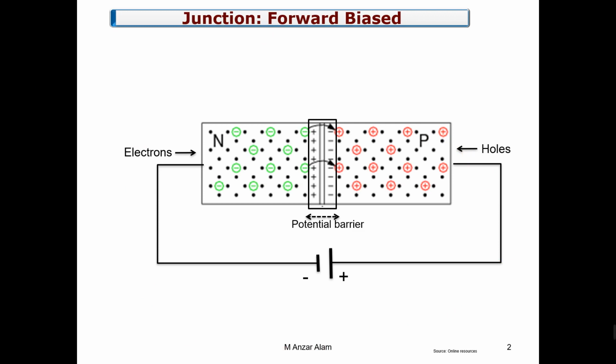The forward bias is simple: if we connect plus of the external supply with the p terminal and minus with the n-type terminal, then this circuit is known as forward bias.